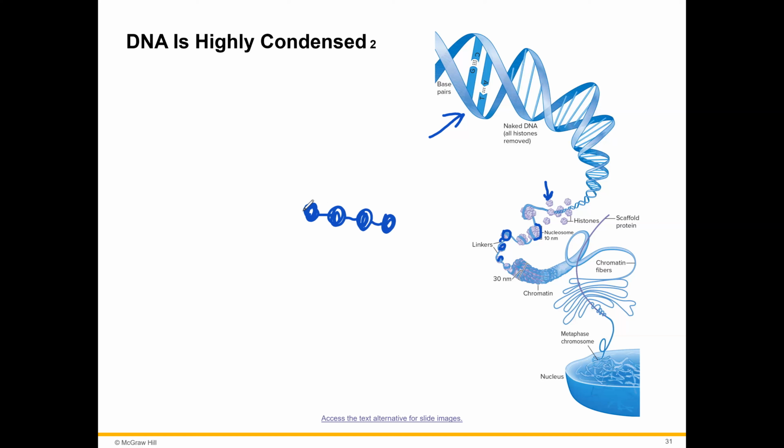DNA is wrapped around those histones. And when we have DNA wrapped around histones, we call it chromatin. And when chromatin condenses, it becomes a chromosome.